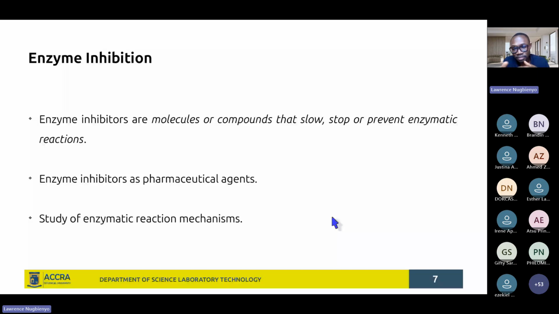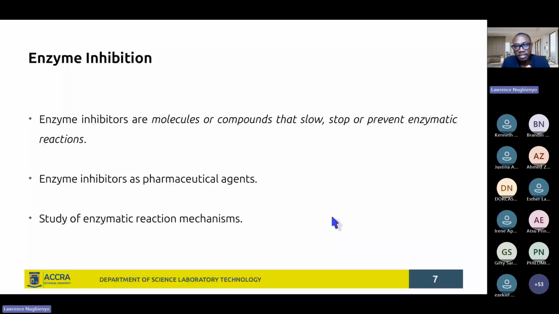So we'll look at some forms of enzyme inhibition, and then we'll look at the application of enzyme inhibition as pharmaceutical agents in the pharmaceutical industry, the use of these inhibitors.